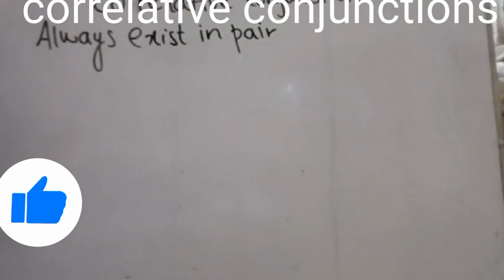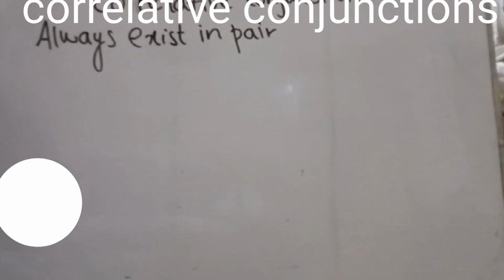As I told you, the correlative conjunction words are either, or, neither, nor, such as, whether, as. These always exist in pairs, either or, neither nor.